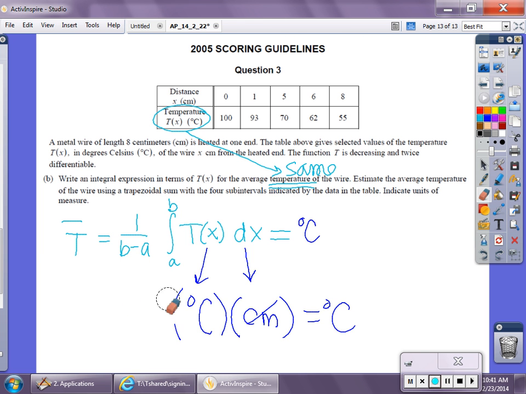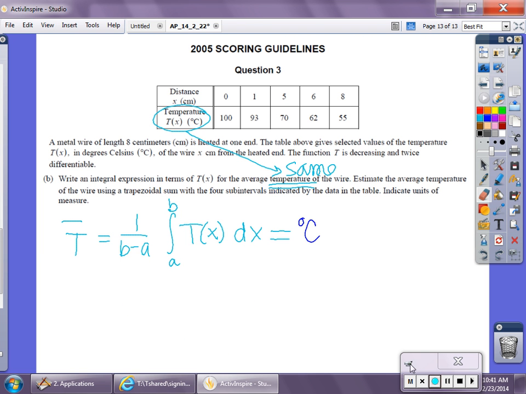I'm going to erase this piece right here so I have some space. And what I'm going to do is, using the table that's here, I'm going to create my delta x's here, which would be 1. This one is 4. This one is 1. And this one is 2. I know that using this first one here, this would be my y1 and this would be my y2.